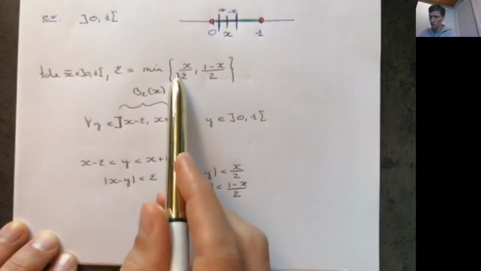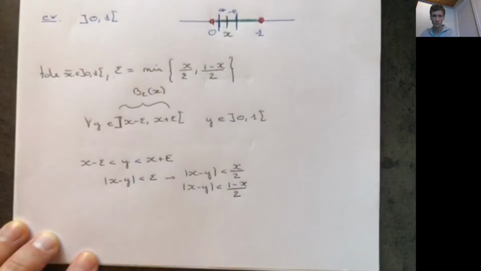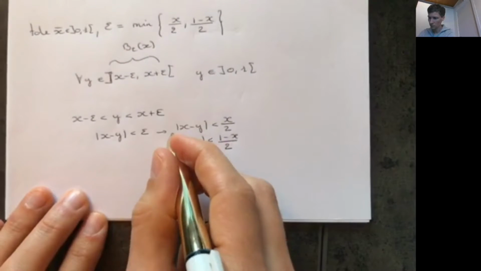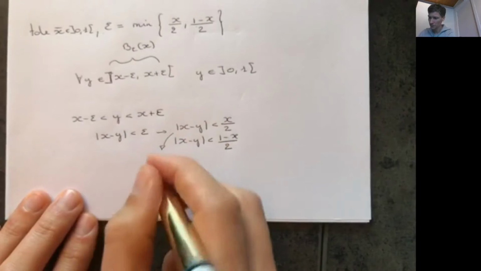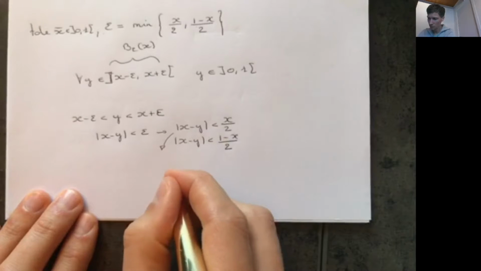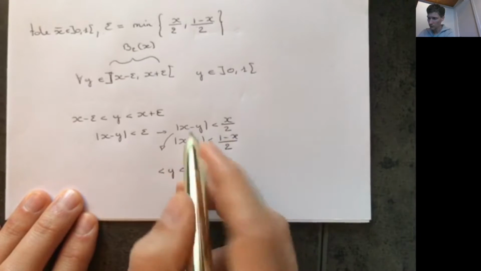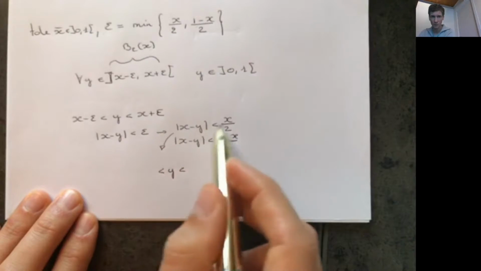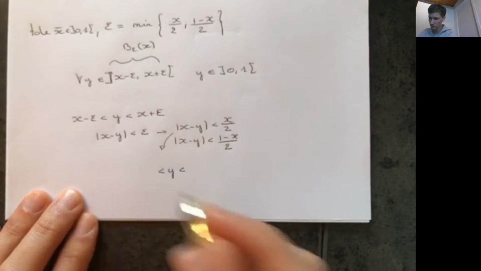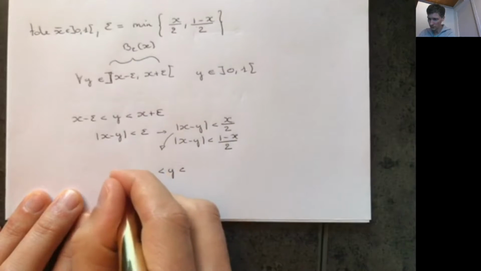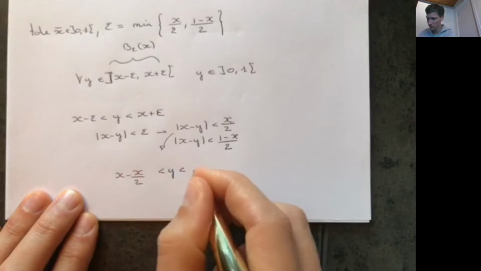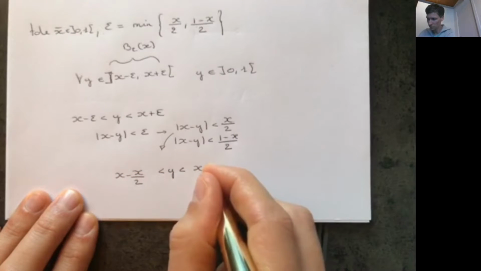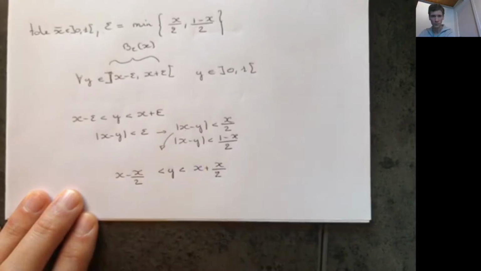It's smaller than both because epsilon is equal to the minimum. So from this definition, I know that y is bigger than x minus this epsilon, so it's bigger than x minus x over 2, and it's smaller than x plus x over 2.